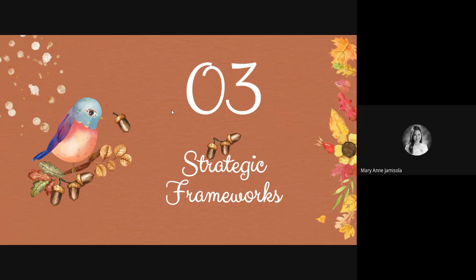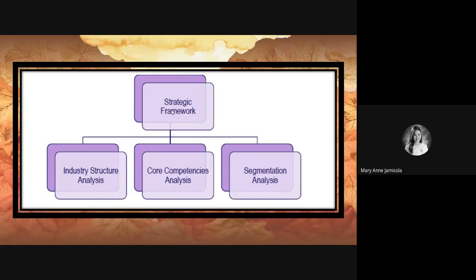The value chain analysis requires a strategic framework for organizing varied information. The following are the three generally accepted strategic frameworks for value chain analysis: the industry structure analysis, core competencies analysis, and segmentation analysis.